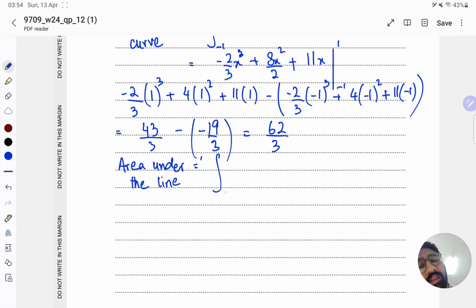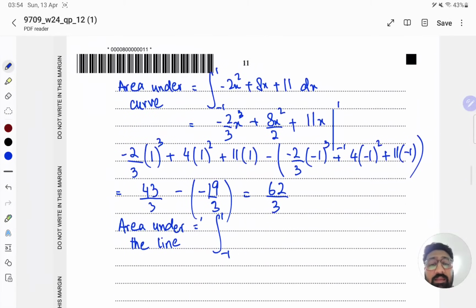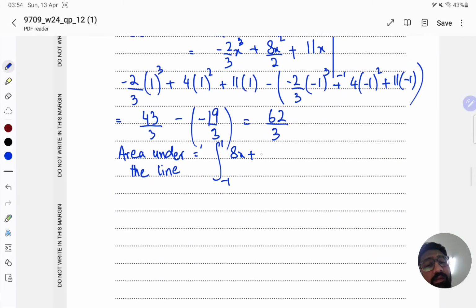So for that, the limits are again minus 1 and plus 1, and the equation of the line is 8x plus 9 dx. So it will be 8x squared divided by 2 plus 9x, between 1 and minus 1.